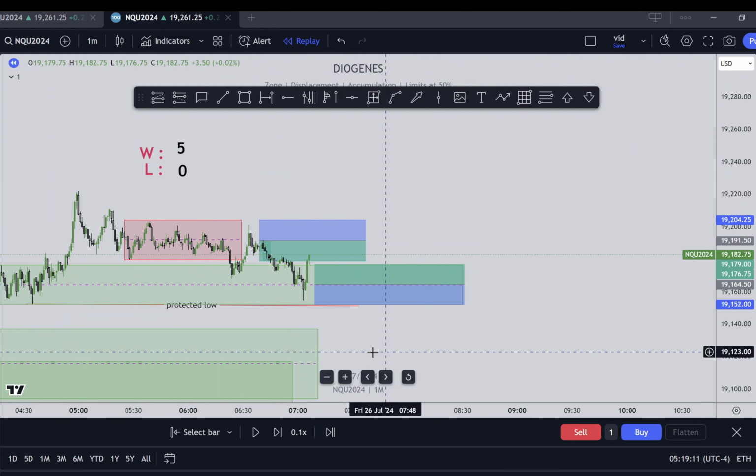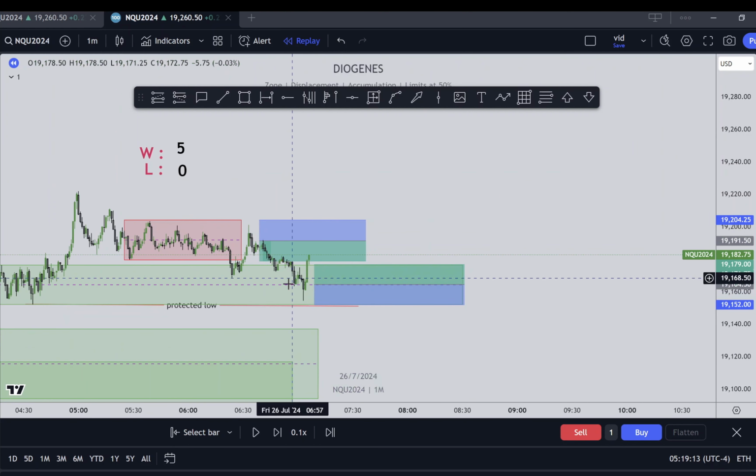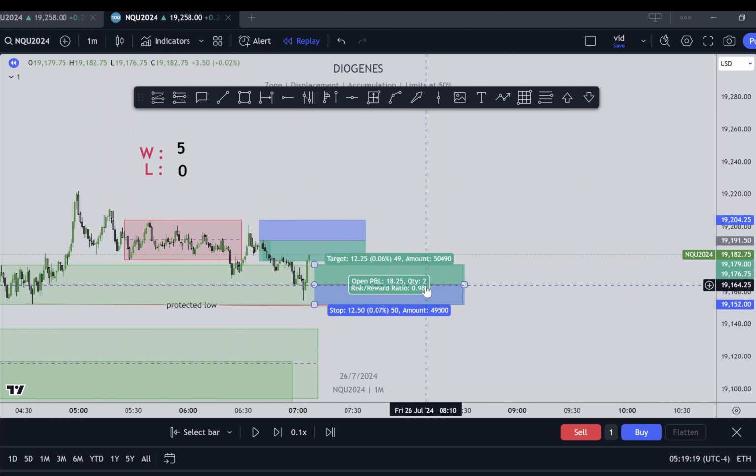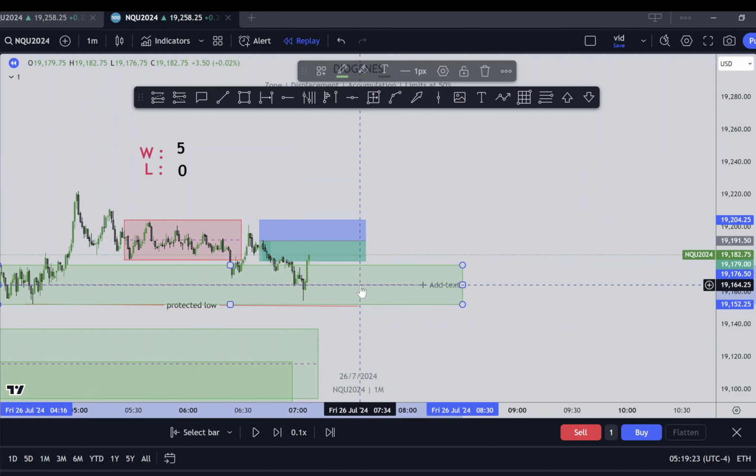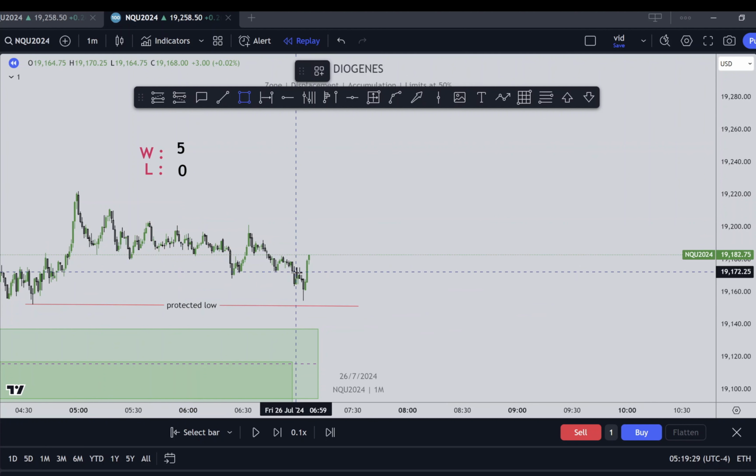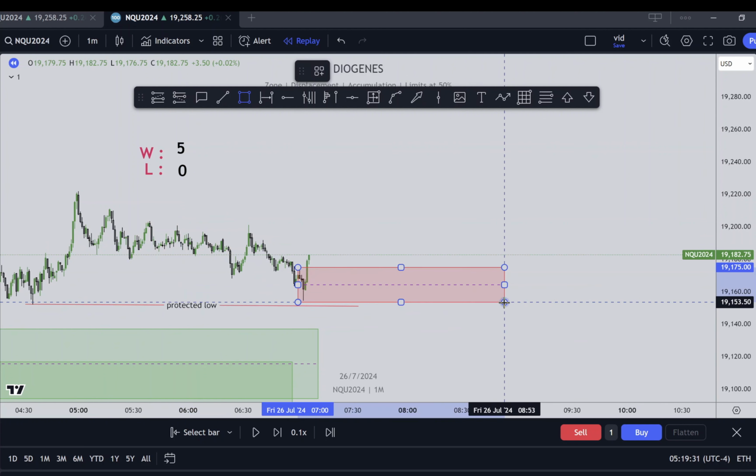Okay. Since we took and mitigated this 50% and we flipped bullish here, let me delete all of this for you. This is for me a bullish zone.